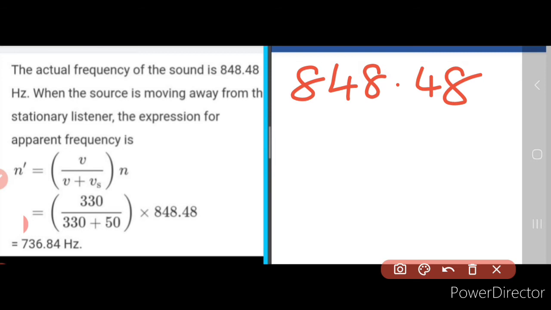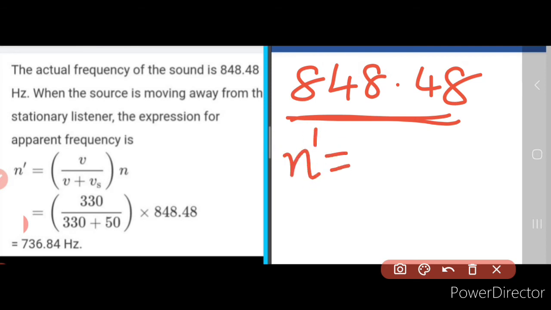So when the source is moving away from the listener, what will be the apparent frequency? Using this frequency of the source, we are going to find out. In the question, the frequency measured by the listener was 1000 hertz, but this is the actual frequency of the source, right? Now what is the apparent frequency?